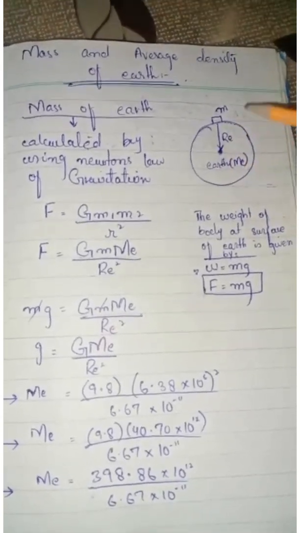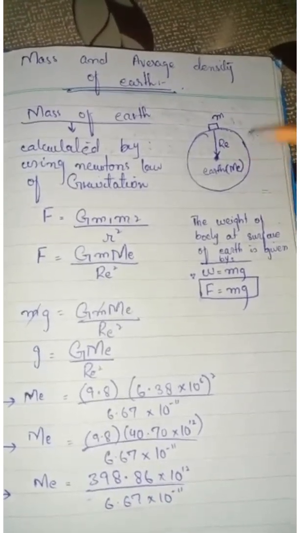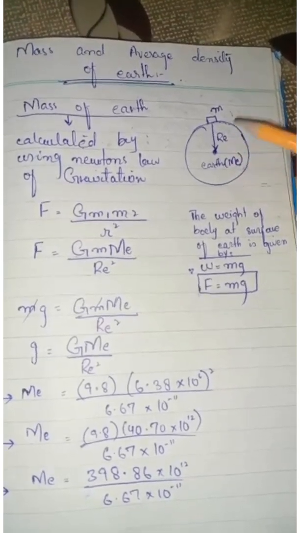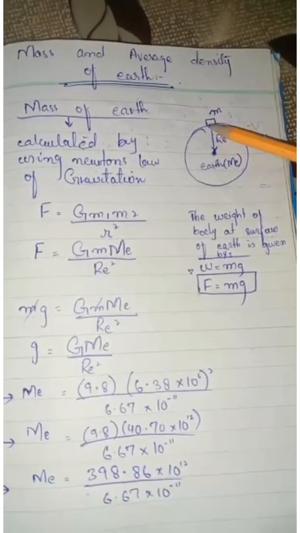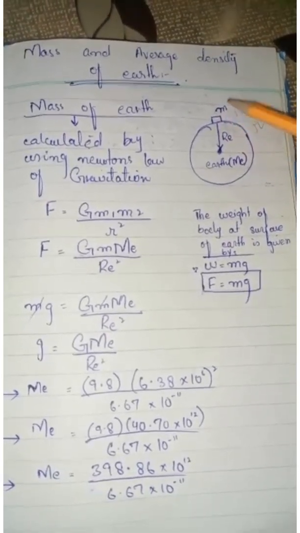It's called radius, and it is represented by r, but as it is the radius of Earth, we are denoting it by Re. And the second mass we are putting on the surface of the Earth, so we are representing it by m.